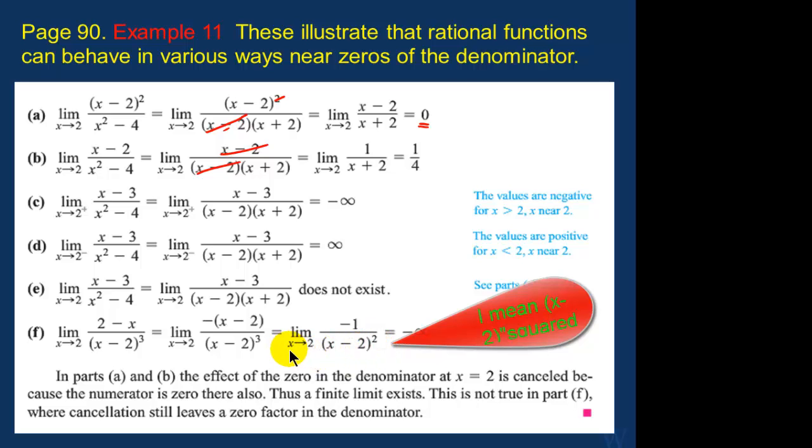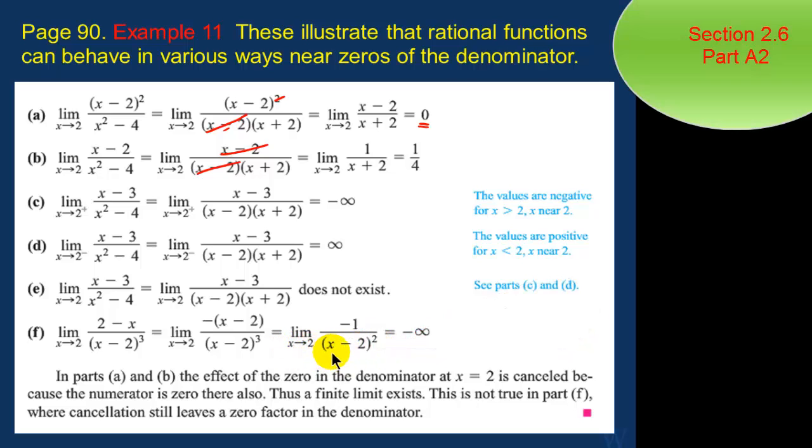And if we let x approach 2, whether you're coming from the right or from the left, this will always be positive because it's squared. So it gets close to 0 in a positive way, and negative over a number approaching 0 in a positive way will give us minus infinity. So the limit of this expression is equal to negative infinity.